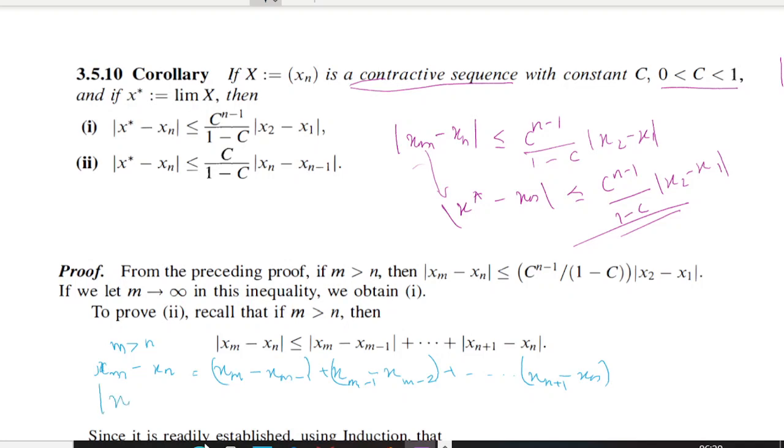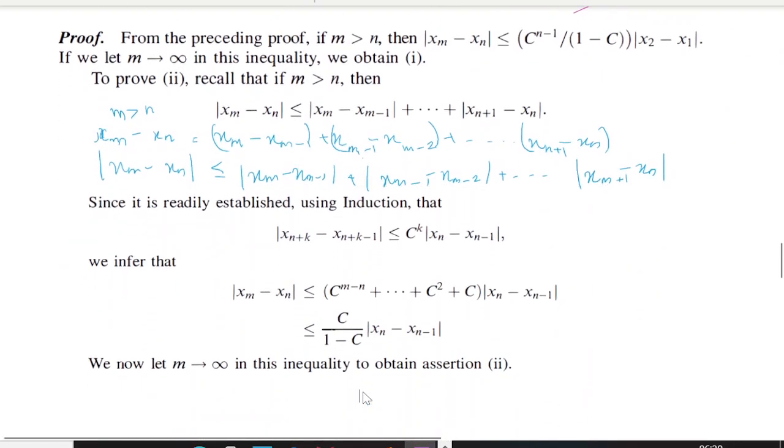Therefore, modulus of xm minus xn should be less than or equal to modulus of xm minus xm minus 1 plus modulus of xm minus 1 minus xm minus 2 plus, and so on, up to modulus of xn plus 1 minus xn. We have already seen this using the triangle inequality.